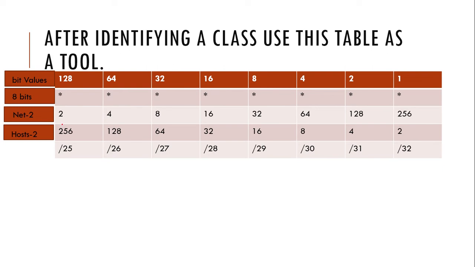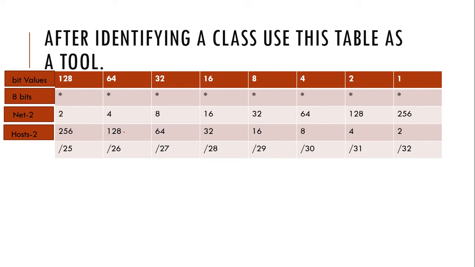In order to get your usable networks, you subtract 2 from whatever you get here, as well as in hosts. In order to get your usable hosts, you subtract 2 from whatever you get here. These are our slash marks. If we borrow 1 bit, then we are in slash 25.